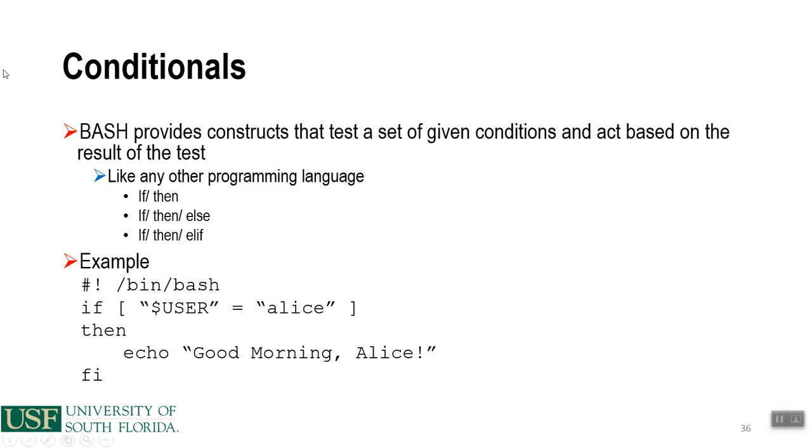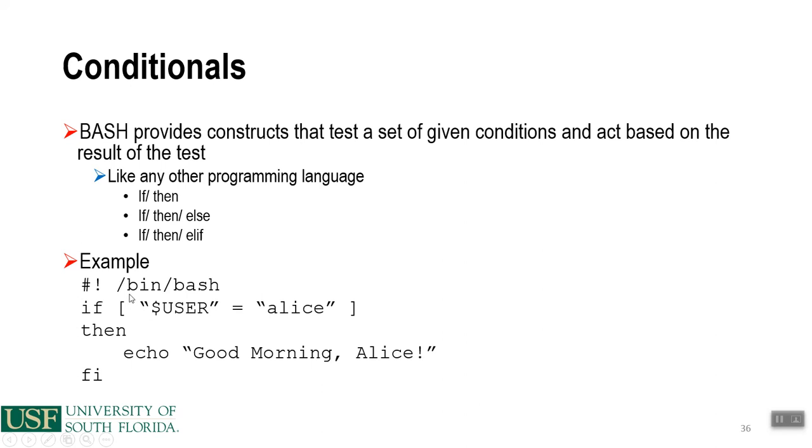So it's like any other programming language. If or then. If it pertains to a particular situation, then do this. If it pertains to a particular situation, then do this. If it doesn't, then do something else. And then so on and so forth. So if it does this, then do that, and else if it doesn't, do this instead.